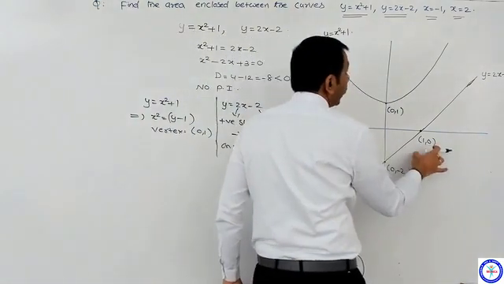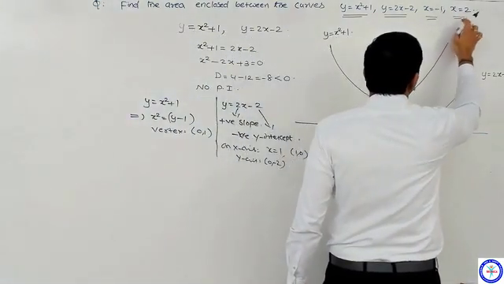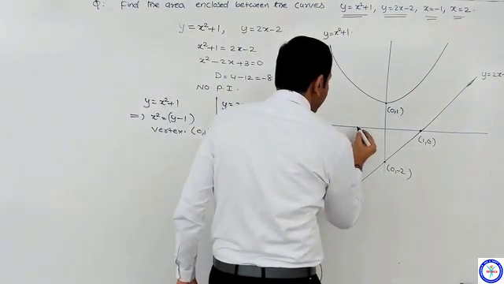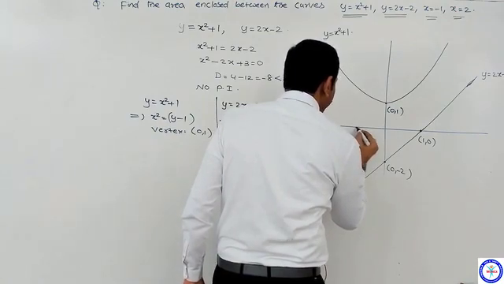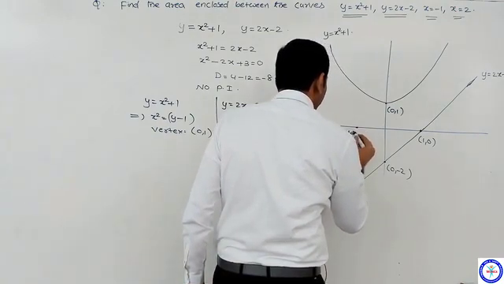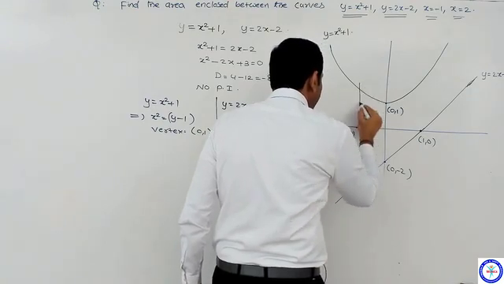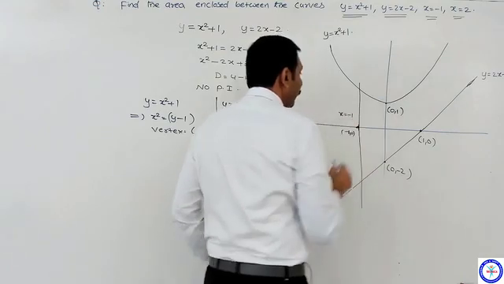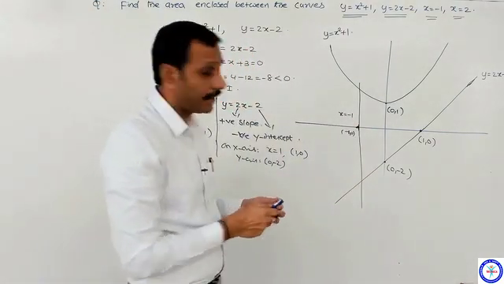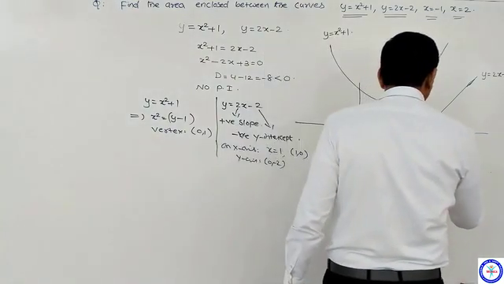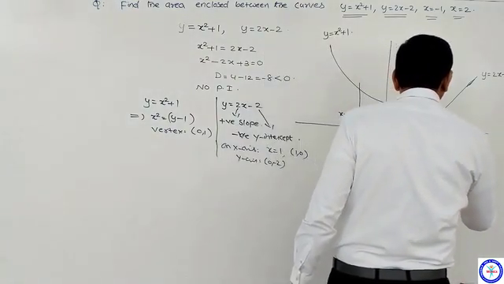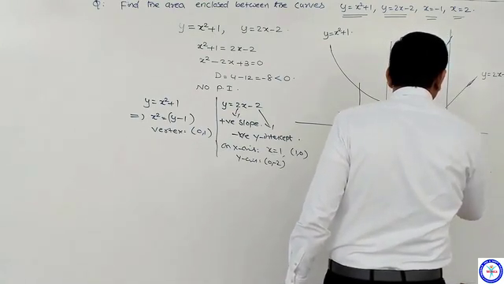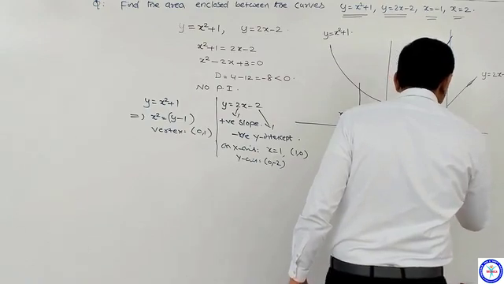Now they are asking the area enclosed between these two curves along with the lines x equal to minus 1 and x equal to 2. What does x equal to minus 1 mean? It is a vertical line. Somewhere let me take, here it is minus 1, 0. x equal to minus 1 means, yes, it is the line x equal to minus 1. And one more line, x equal to 2, is there. Let me take somewhere here it is 2. Let me draw this line. Yes, it is x equal to 2. This point is 2, 0.